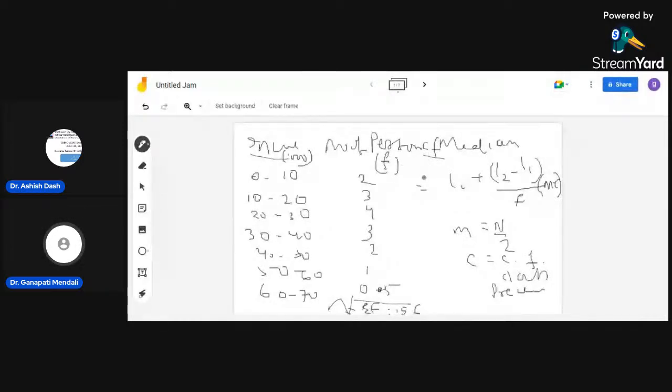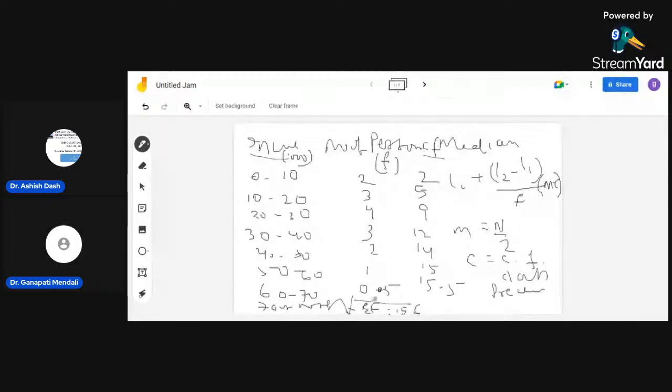For 10 to 20, cumulative means we add all the frequencies: 2 plus 3 is 5, 5 plus 4 is 9, 9 plus 3 is 12, 12 plus 2 is 14, 14 plus 1 is 15, 15 plus 0.5 is 15.5. Another row is there, I forgot: 70,000 or more income, that is 0.1.